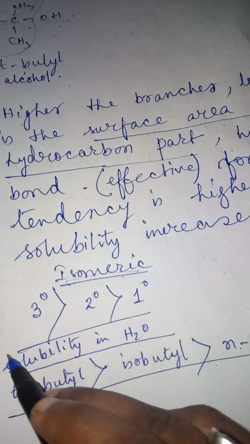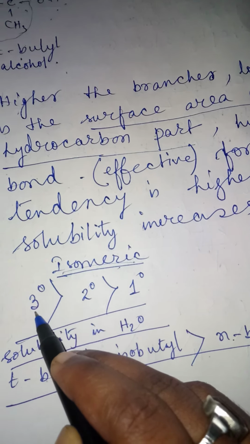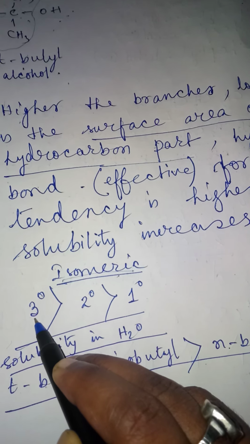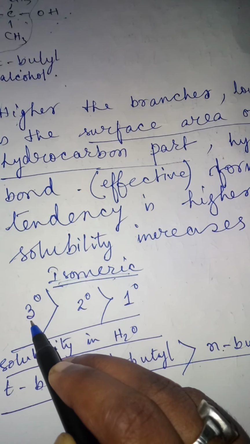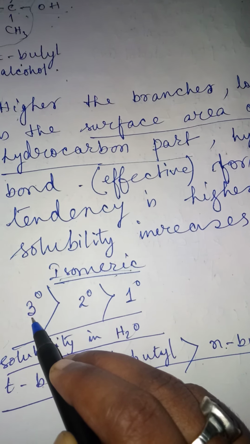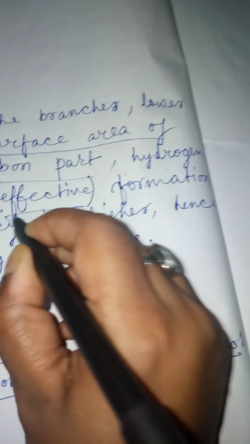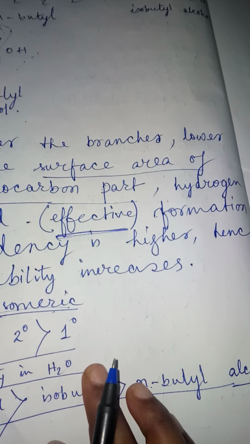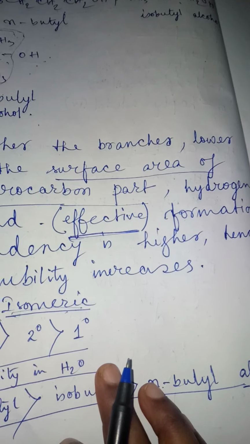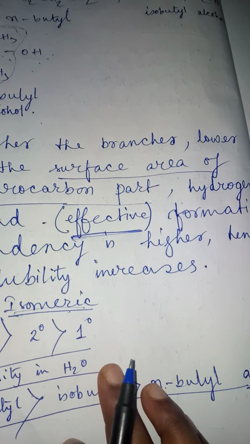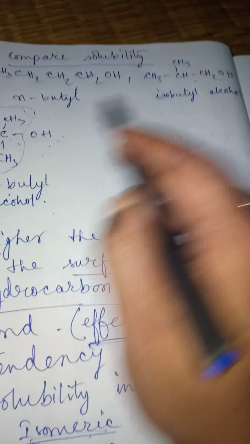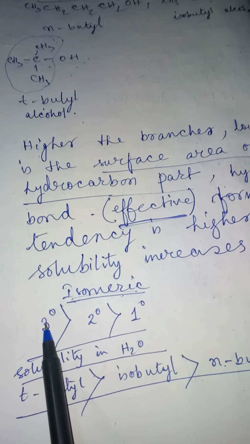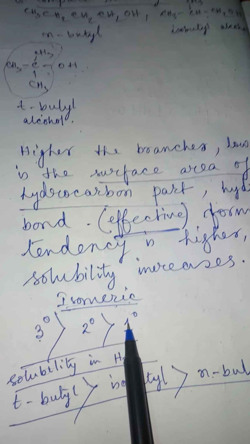Then, the higher the branching, which is highest in the tertiary, they have less hydrocarbon part, and they can form effective hydrogen bond with water, and they are soluble in water. Their solubility will be more. So if we compare these three compounds, always the tertiary compound will show the highest solubility, then the secondary, then the primary.